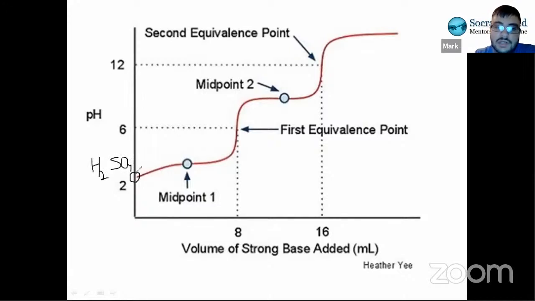It starts off as H2SO4, then slowly gets neutralized, and at about this point there is no more H2SO4. There is pretty much only HSO4 minus at this point, so pretty much all of the H2SO4 has been converted into HSO4 minus by this point. Then HSO4 minus keeps going.